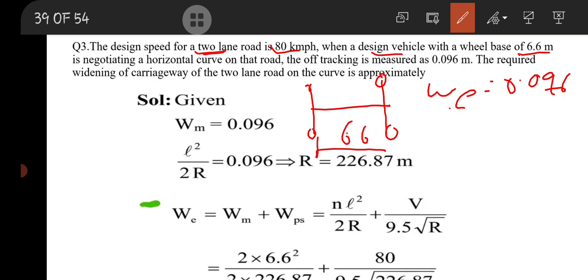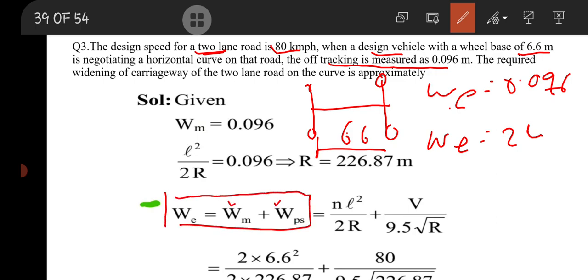The required widening on the carriageway of 2 lane, meaning we will calculate extra widening for a 2 lane 2-way road. Okay, here extra widening given is 0.096, that means off tracking for a single lane road. From this we will calculate the radius of the curve. As we know, the extra widening formula is mechanical widening plus psychological widening, and mechanical widening is N L square upon 2R and psychological widening is V upon 9.5 root over R. R is your radius of curve, L is your length of wheelbase, and N is number of lanes.